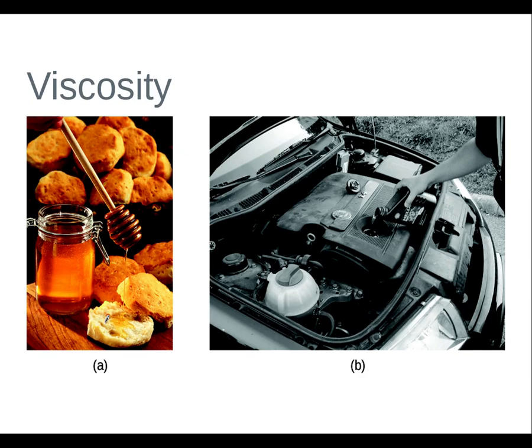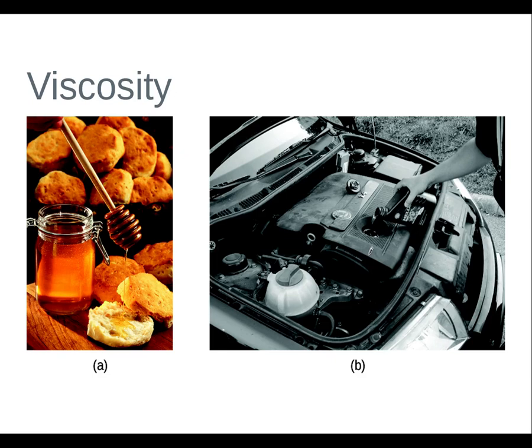Now, if I go to IHOP with regard to syrup, they sometimes will heat that up, and the big advantage of having your syrup heated up is it flows easier. Same with car oil. When you go to change it, if you were to change your own oil, it's generally a good idea to warm it up some first, because it will drain out easier and quicker. Both of these are viscous things.